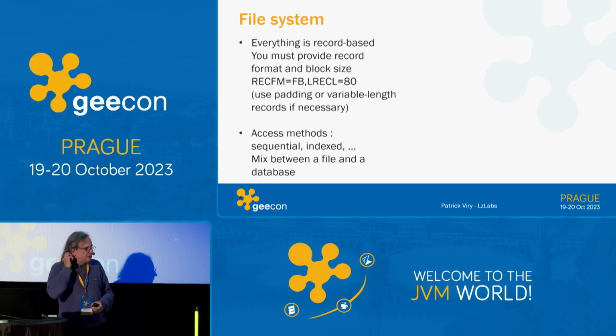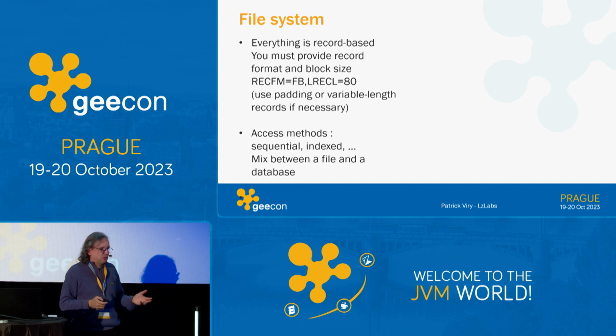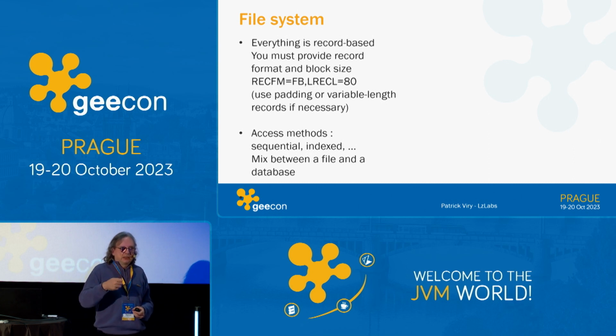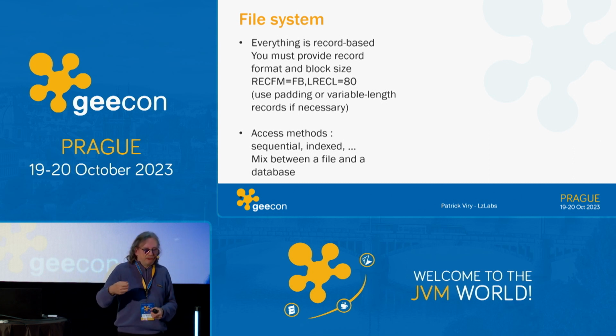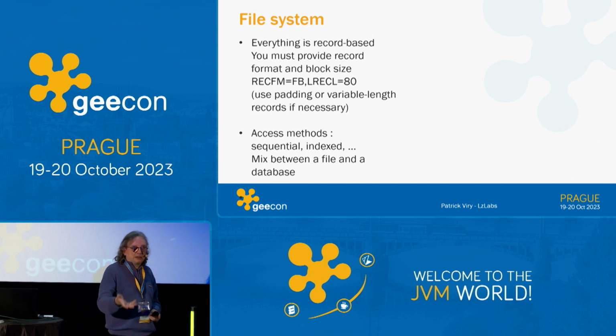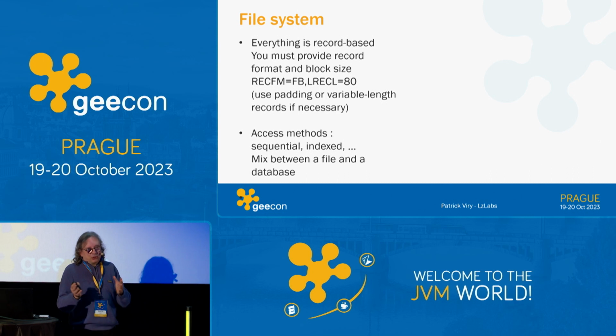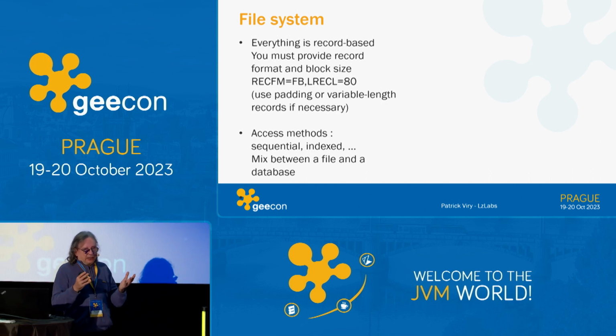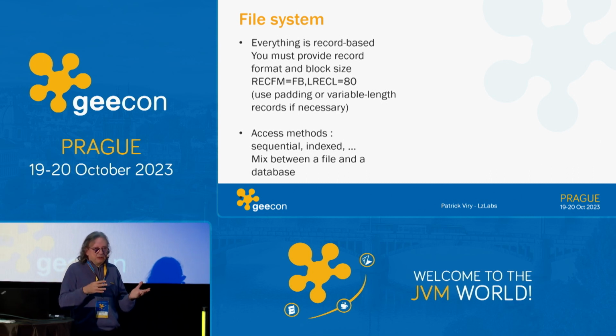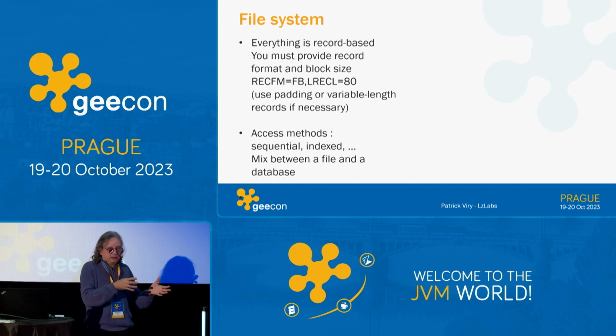A file can have a number of access methods. If a file is sequential, it means that you can ask, give me the next record. If a file is indexed, it means you can ask, give me record number 10. Okay? So a file on mainframe is a bit something between a file on Linux and a database, in fact. It has some aspects of both.